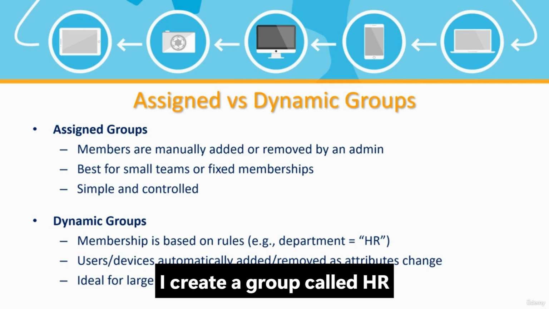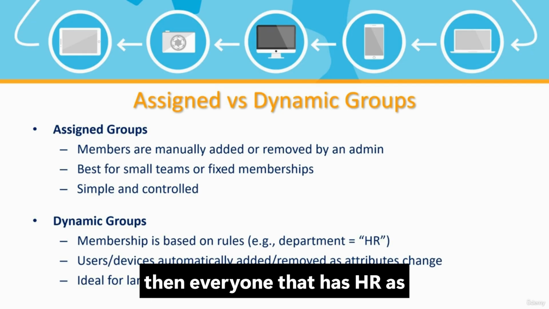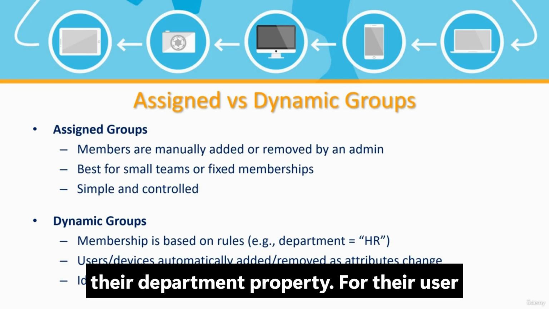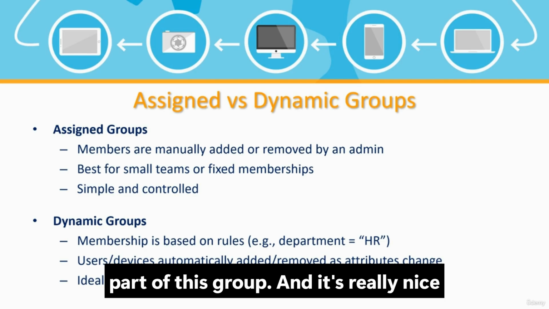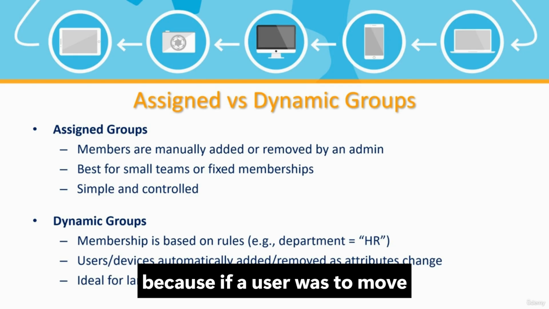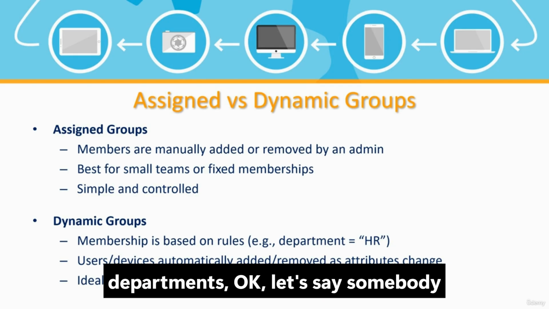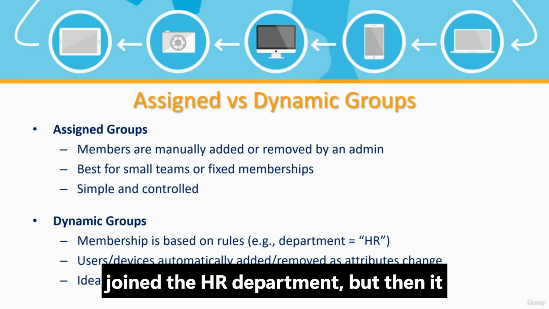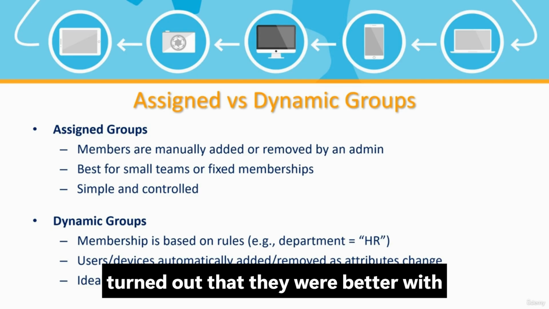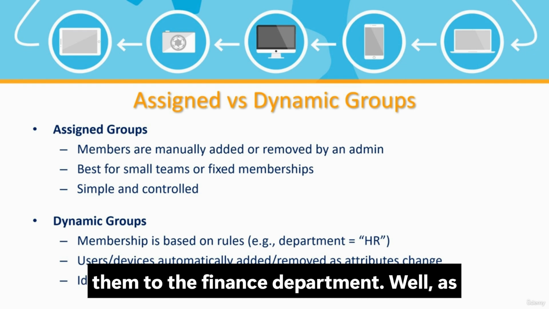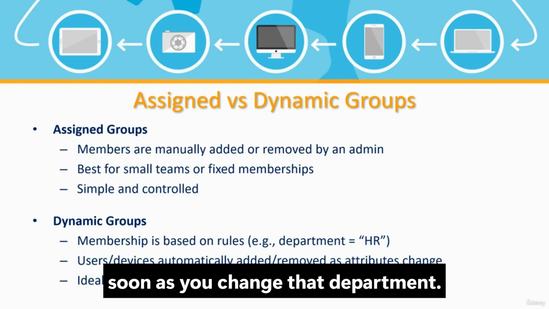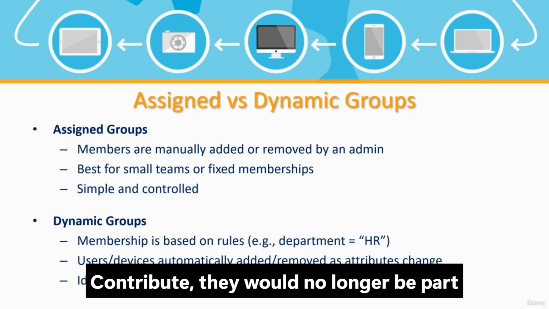So if I created a group called HR, then everyone that has HR as their department property for their user identity automatically becomes part of this group. And it's really nice because if a user was to move departments, let's say somebody joined the HR department, but then it turned out that they were better with finance than they were HR, and we moved them to the finance department, well, as soon as you change that department attribute, they would no longer be part of that group.